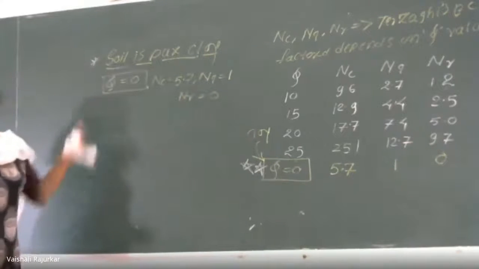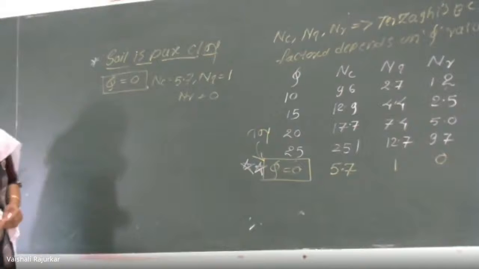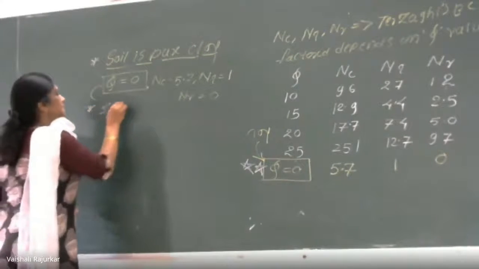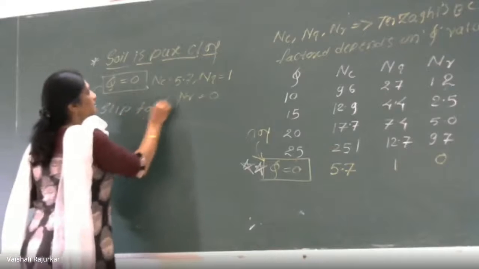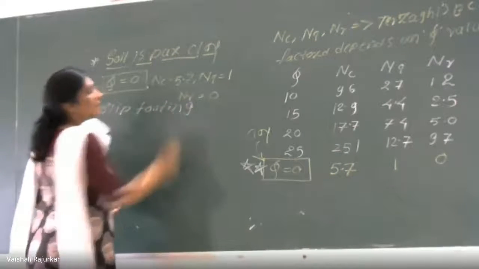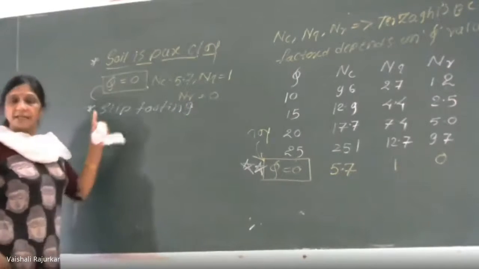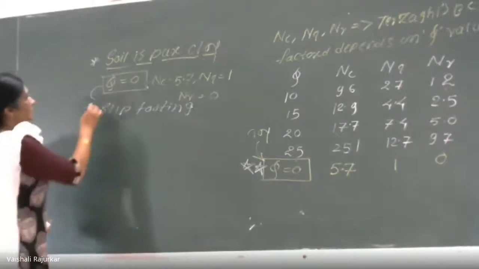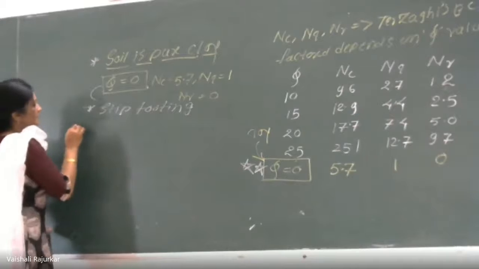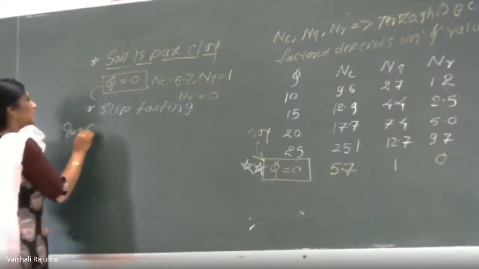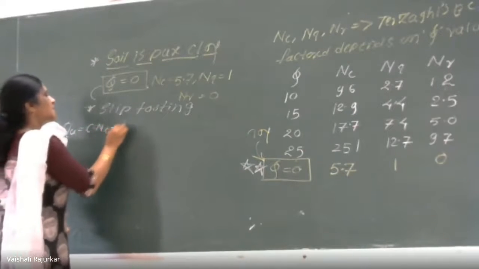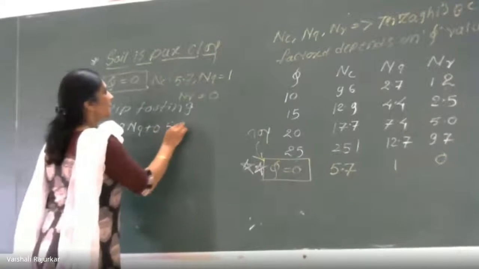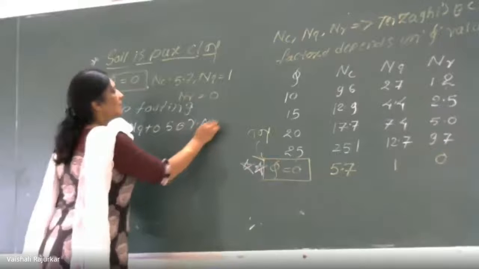Now we will consider the case of a split footing. Naturally the equation is QU equal to CNC plus QNQ plus 0.5 B into gamma into N gamma.